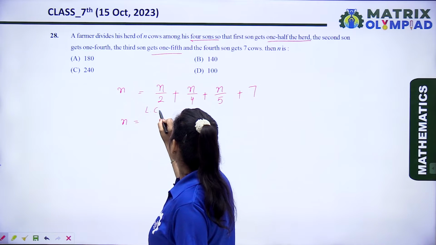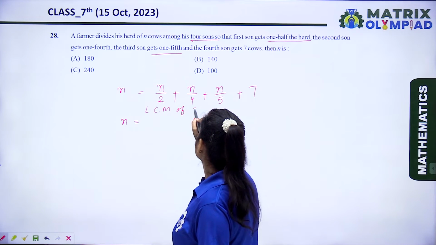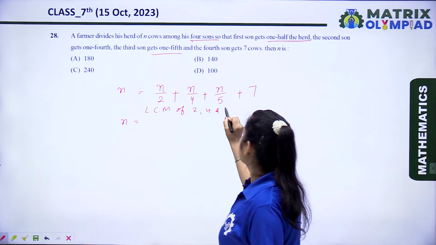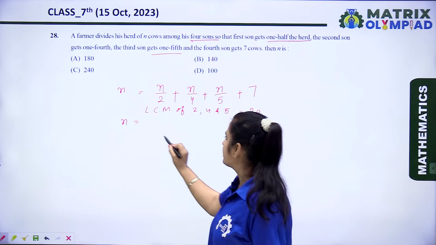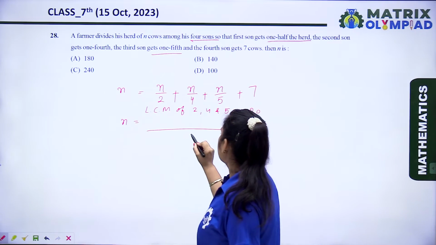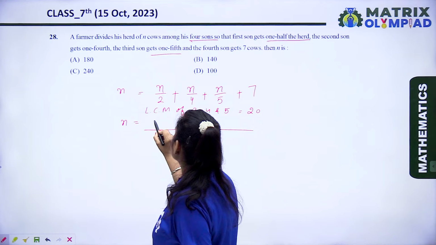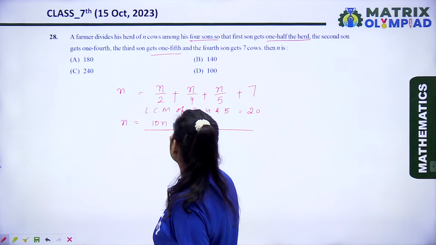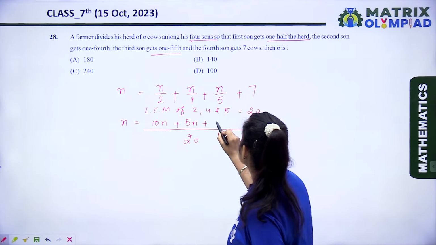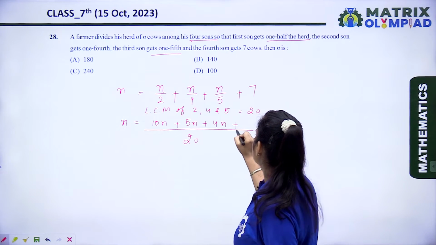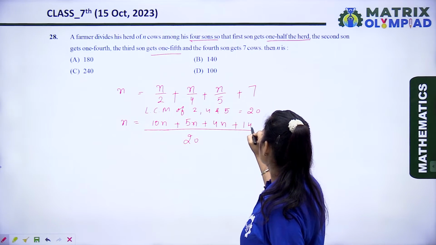LCM of 2, 4 and 5 is equal to 20. Now the numerator will become 10n plus 5n plus 4n plus 140.